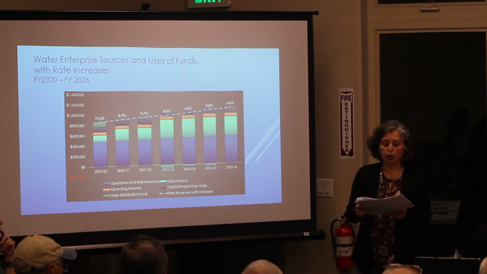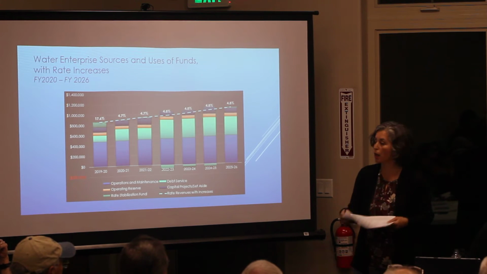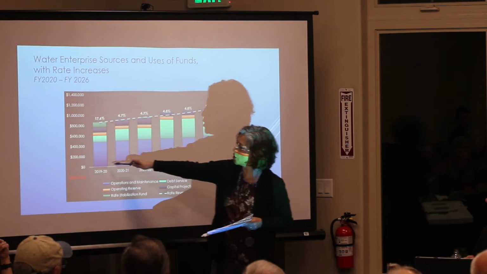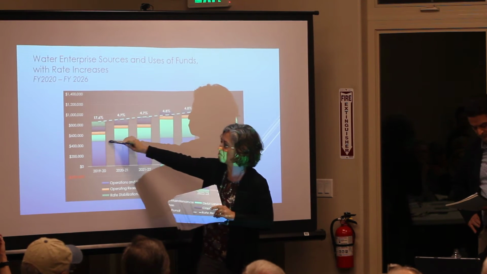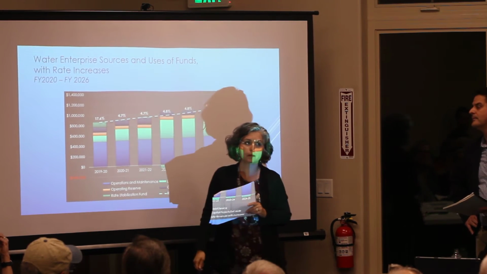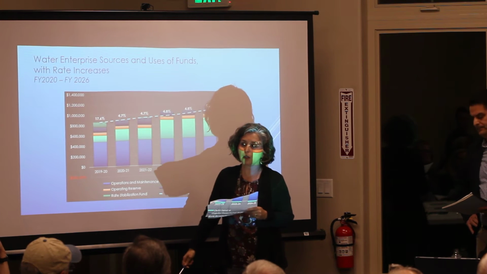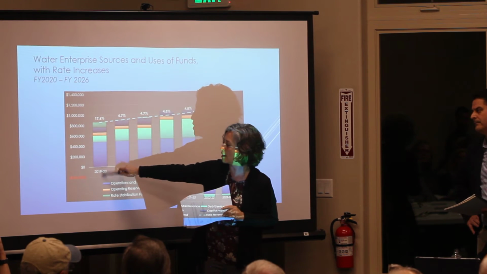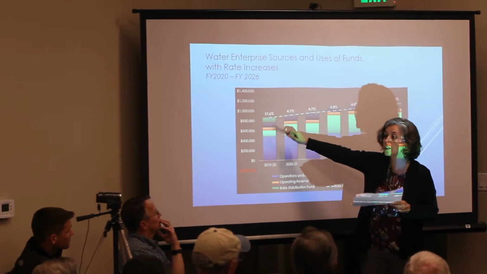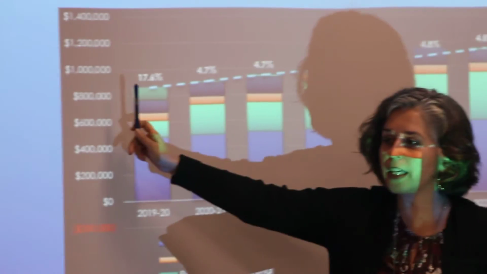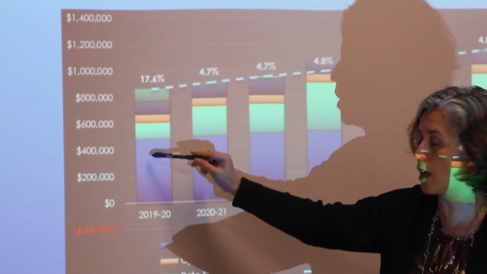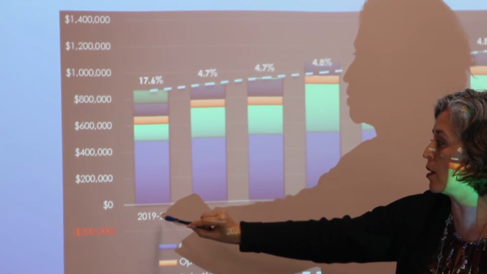So if you look at these expenses, here's your basic operating expenses. We can't really see that, it's so blurry. This is what ideally the district would be funding in 2019-20.